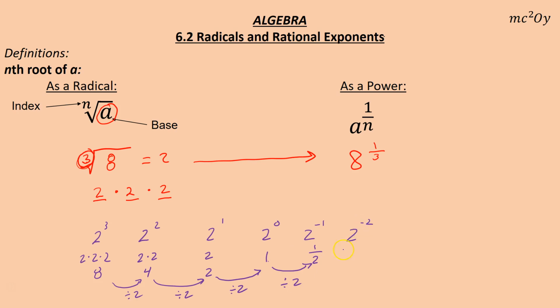And 2 to the negative second. Well, if we cut a half in half, really that's 1/4, right? Well, 4 can be written as 2 to the second power. So really we could change that to 1 over 2 to the second power. And actually 2 can be written as 2 to the first power, right?